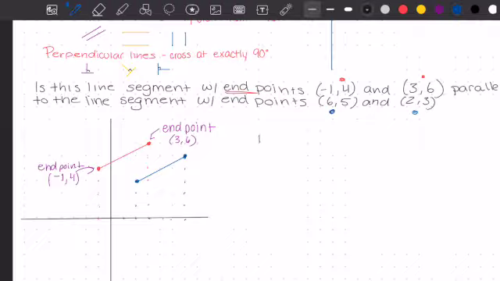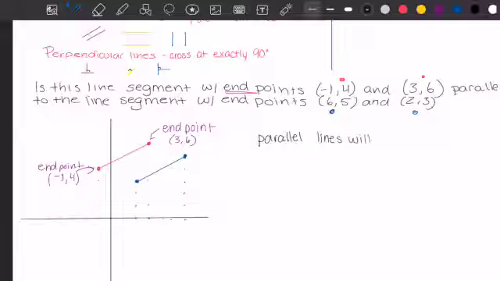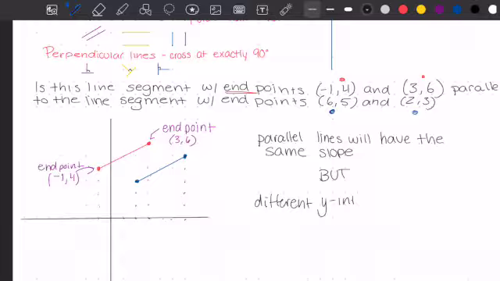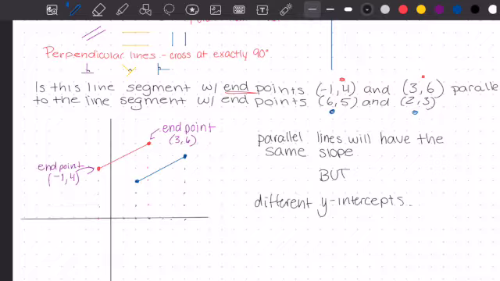But the way we need to tell is parallel lines will have the same slope, but different y-intercepts. Okay?